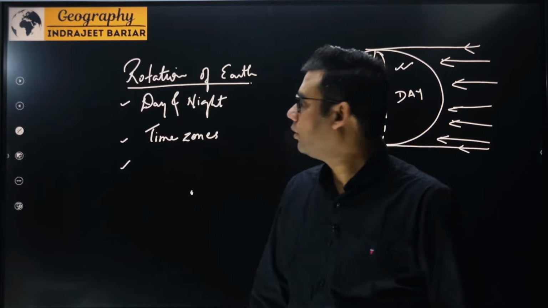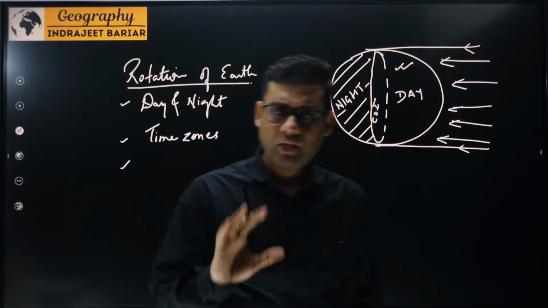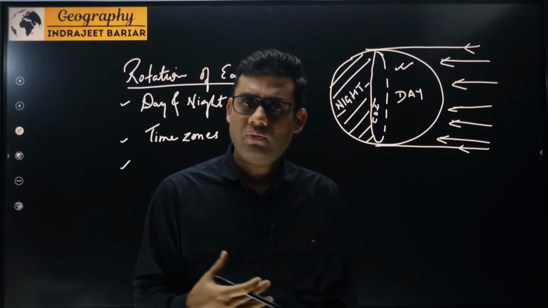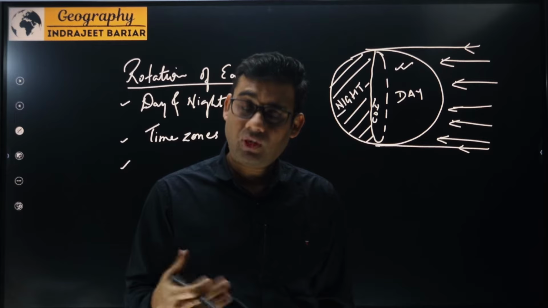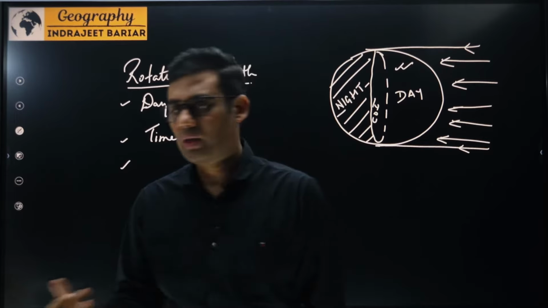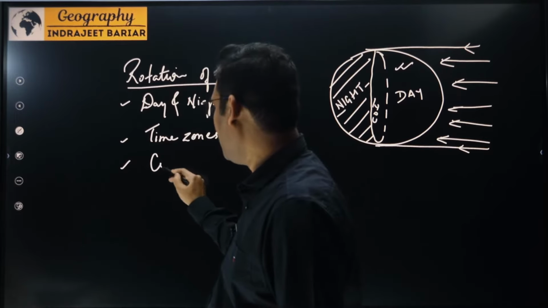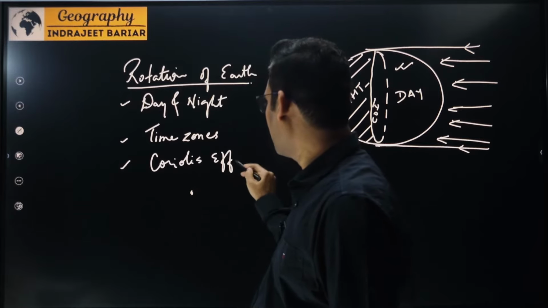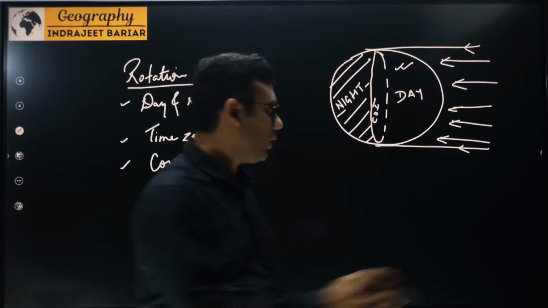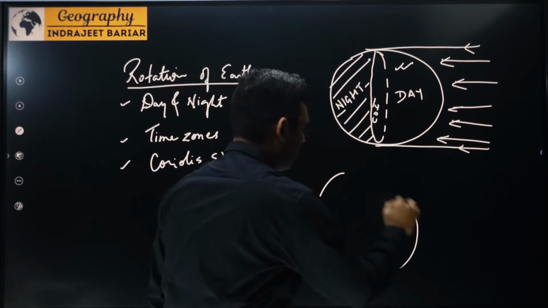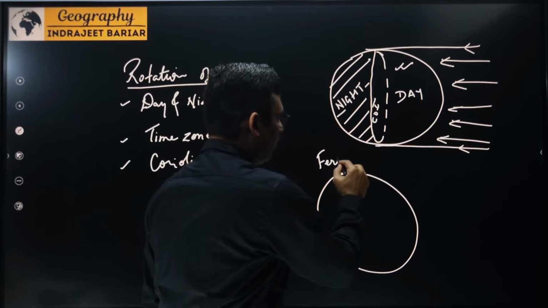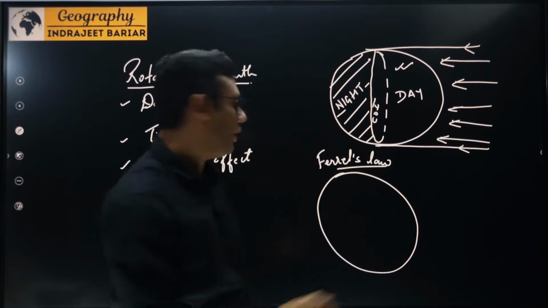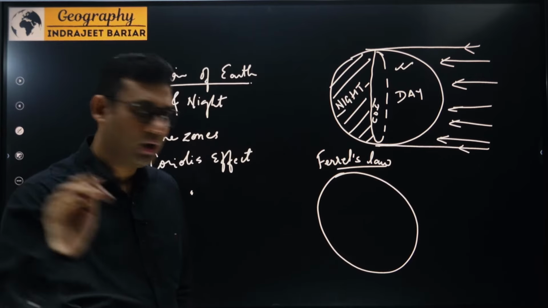Apart from that, as the Earth rotates, any body moving on the Earth suffers an apparent deflection. This deflection is due to the rotation itself. And this deflection effect is called the Coriolis effect. So with this Coriolis effect, there is a law called Ferrell's law governing the movement under the Coriolis effect. And what is this law?